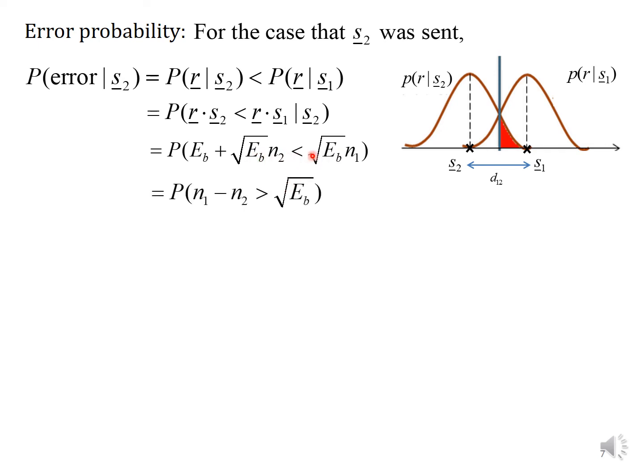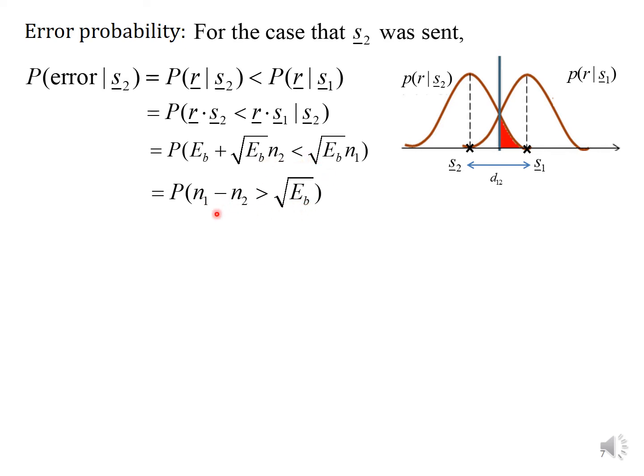So let's rearrange this inequality. It is equivalent to n1 minus n2 being greater than square root of EB.